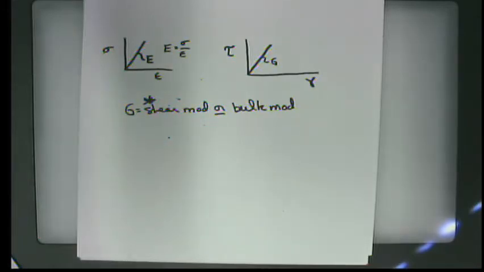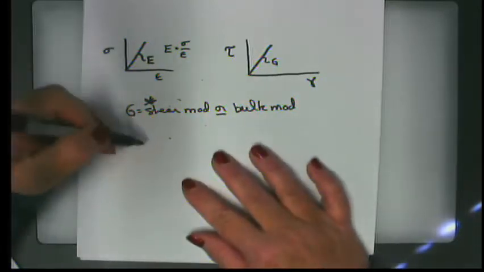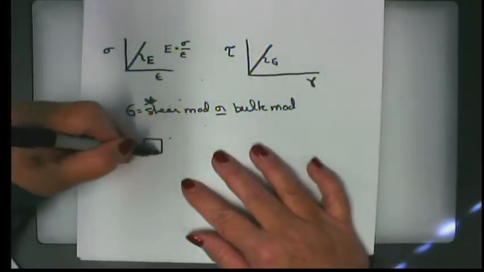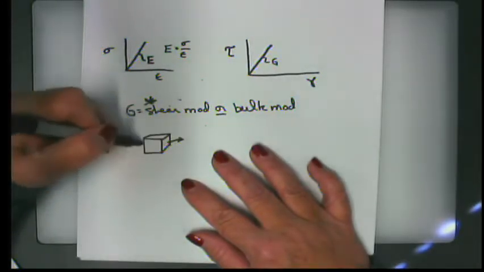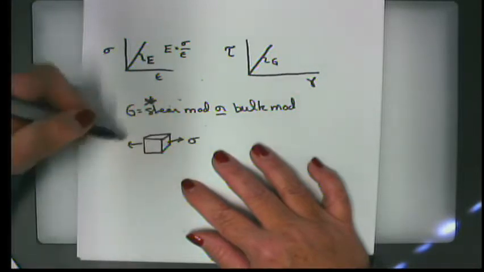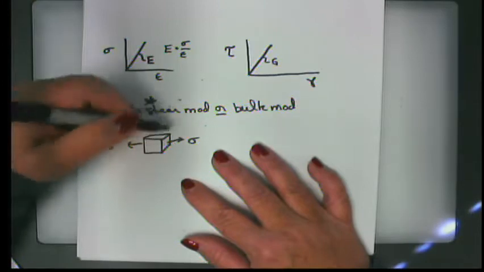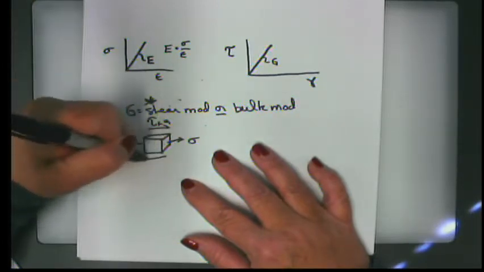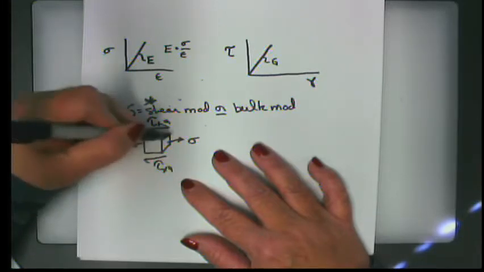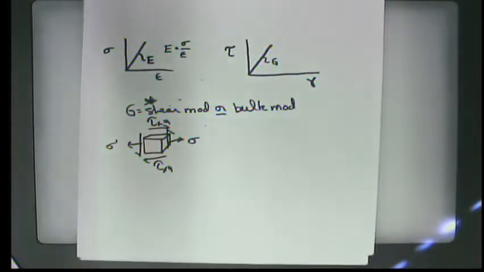All right, so the last thing I want to tell you today before I end my lecture is, if you think about it, in a generalized loading condition, if I have a little stress block, I may be subjecting it to some axial stresses, and I may be subjecting it to some shearing stresses, and I may have some other things going on.